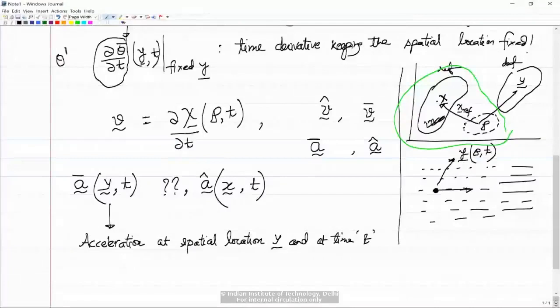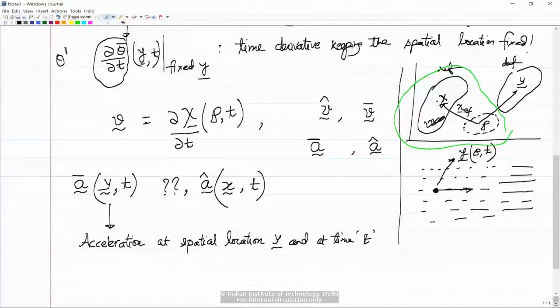It has to be of some material, of some particle. So when I say acceleration at the location y, what would that mean? It would simply mean acceleration of the particle which is at that location y at that time t.